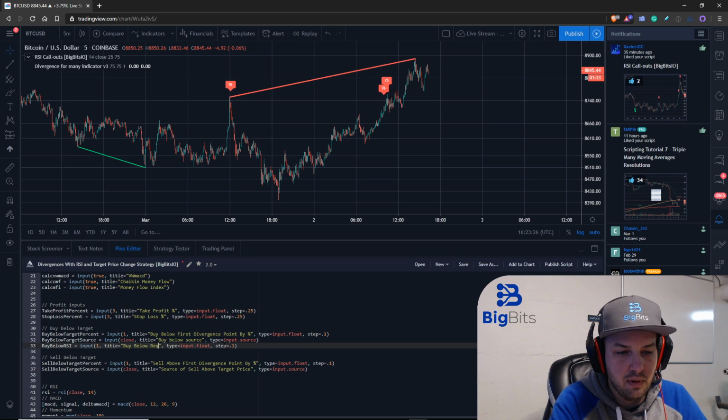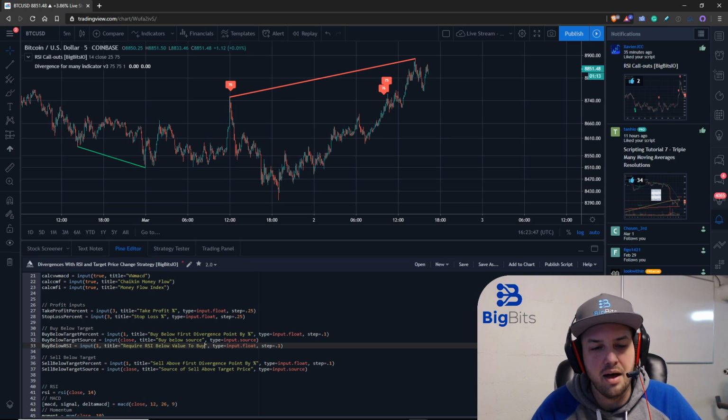And with the buy below, we're going to require the RSI below percentage, or yeah. Okay, so require the RSI below value to buy. Okay, that's a little confusing.